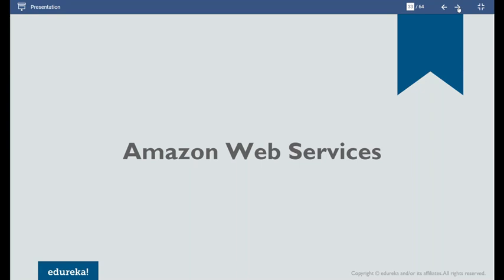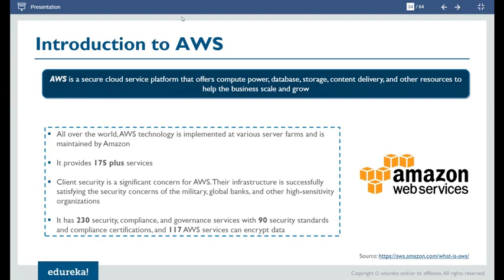We all know AWS, or Amazon as an organization, is a US based organization, and it is one of the earliest players. In the year 2006, Amazon was the first organization to start cloud computing as a service. Only after that, other players like Azure, Google, and others joined the race.